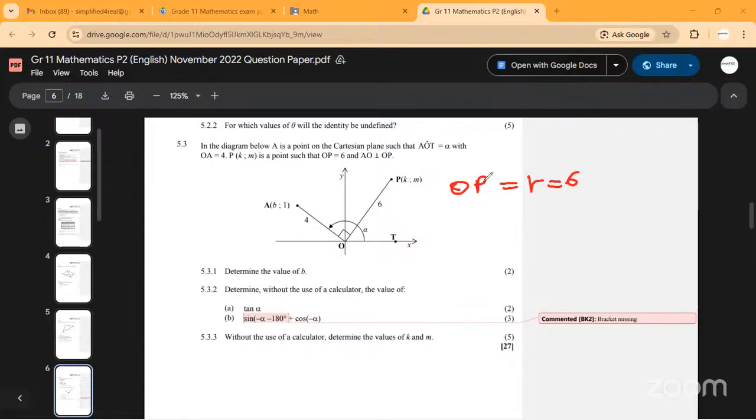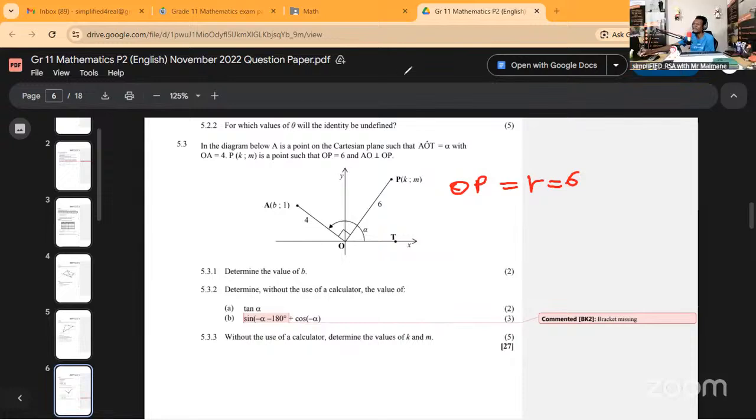Yes, sir. All right. Now, think of it like this. We have different views to approach this. One of the views is that the perpendicular part should give me a huge light bulb moment. This part where they said OP is 6 and they said AO is perpendicular to OP.